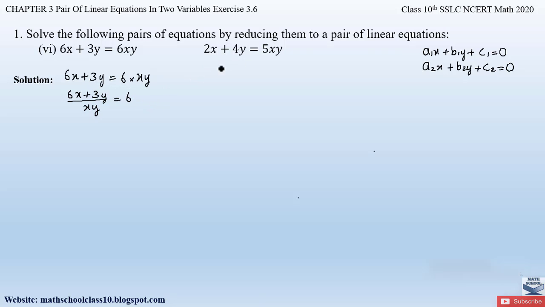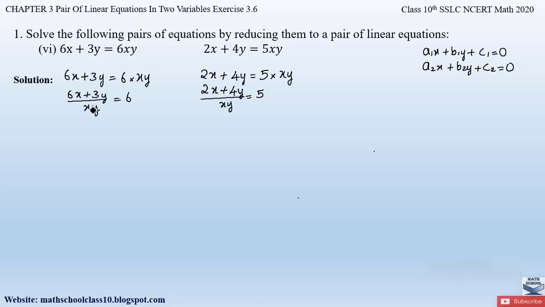Similarly, let us do for the second equation, which is given as 2x plus 4y equal to 5xy. So 5xy can be written as 5 into xy. Now send this xy term to left hand side. So we get 2x plus 4y divided by xy equal to 5.